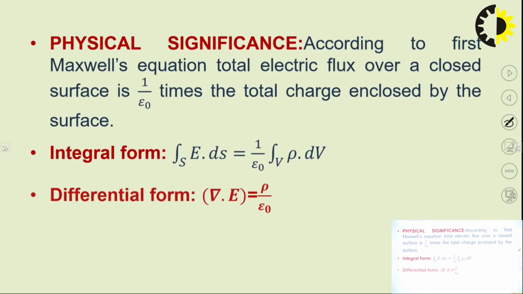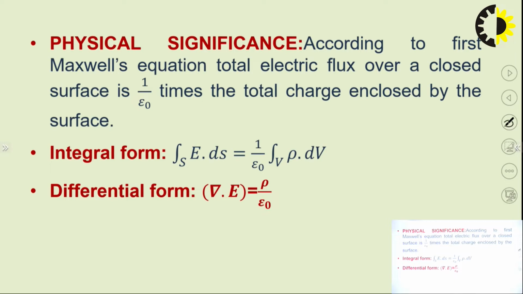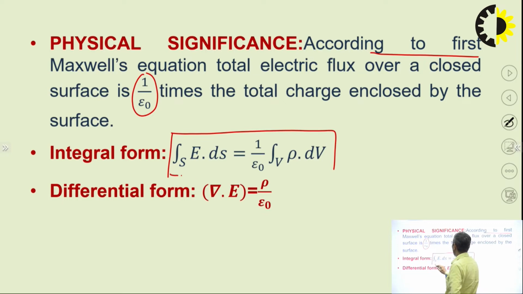Its physical significance is nothing but the statement of Gauss law of electrostatics. So according to the first Maxwell's equation, the total electric flux over a closed surface is 1 by epsilon 0 times the total charge enclosed by that closed surface. So this is the integral form, because integrations are involved, and this is the differential form of the first Maxwell equation.